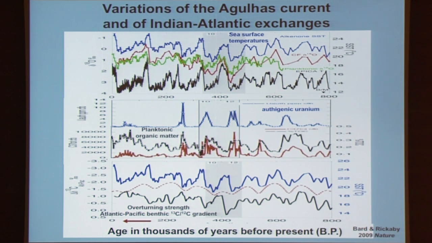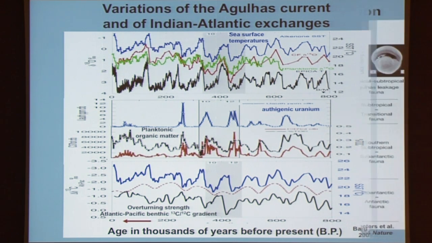Basically what we can identify is that during these specific glacial maxima, the leakage from the Indian Ocean was more or less stopped. This probably has an effect on the Atlantic circulation, and then on heat transport. This is the reason why we think that those cold periods, those glacial maxima, were even colder than expected from what we see from the others.